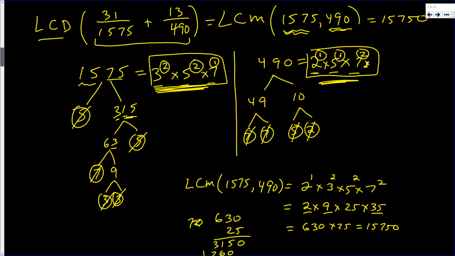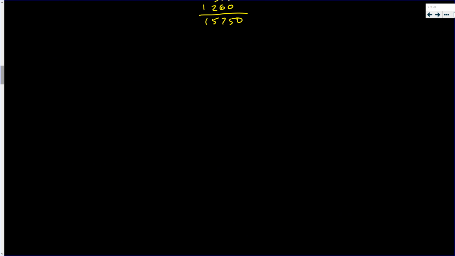Let us try yet another one. Suppose you want to find the least common denominator of the sum or difference of 3 fractions: 1 over 9 minus 1 over 21 plus 1 over 14.